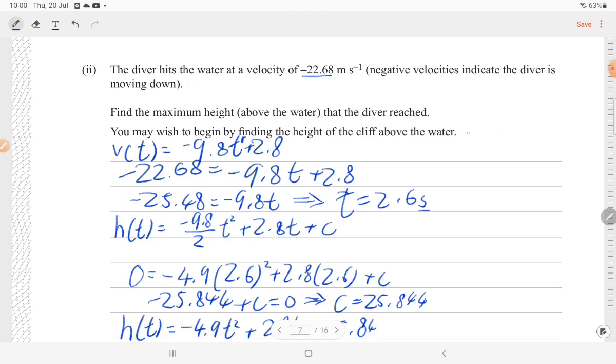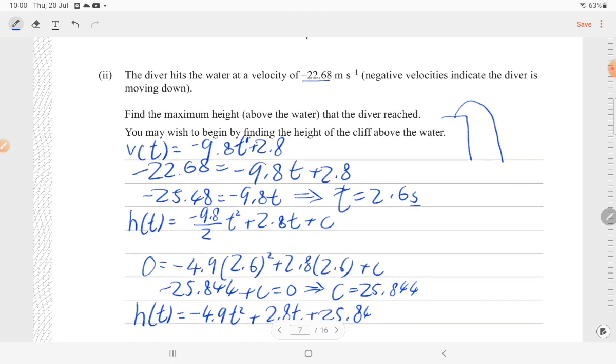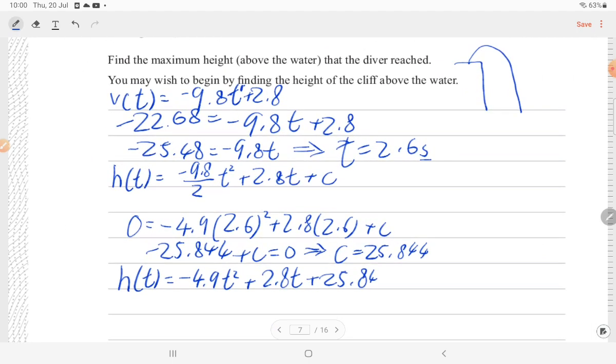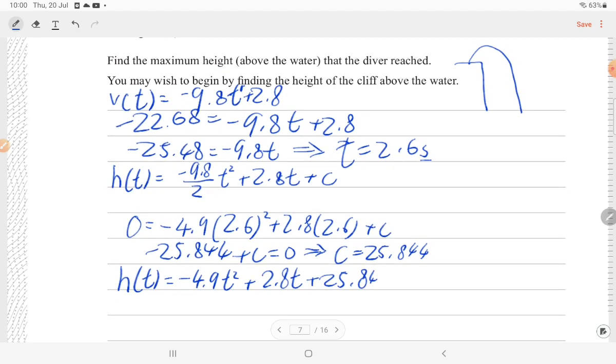The jumper is on a cliff here, and we will be jumping off like this, and this is t squared, so this will be similar to a parabola. So we'll maximize this function to find the maximum point.